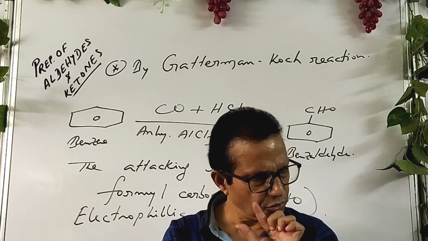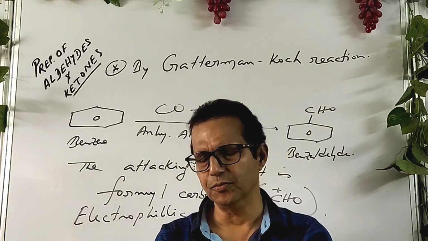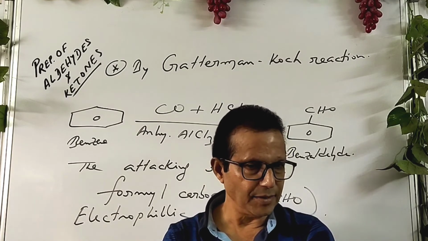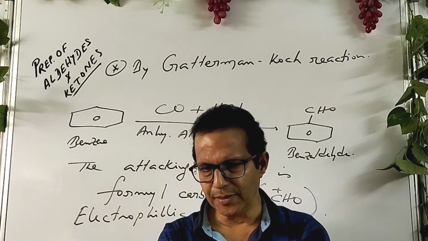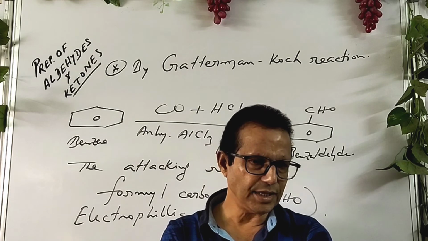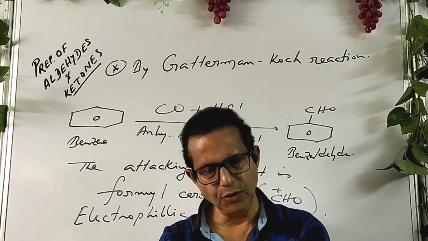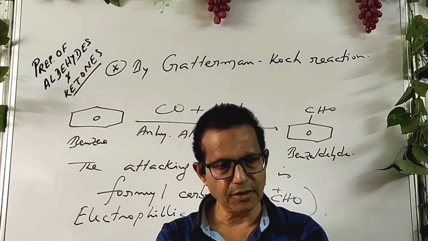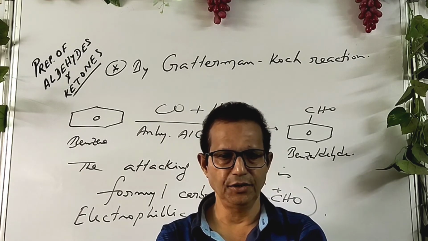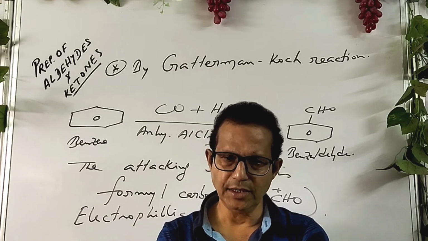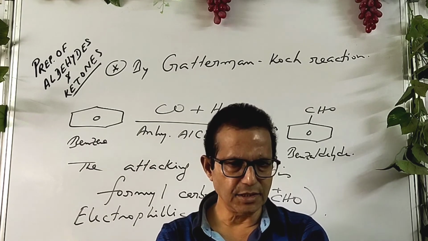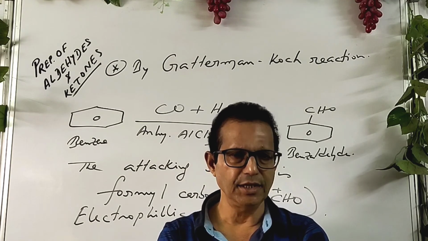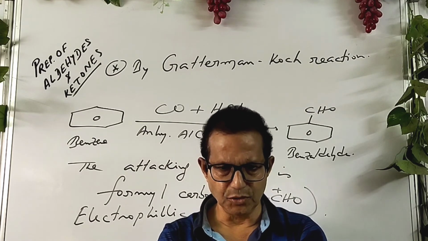If you replace two chlorine atoms by two alkyl groups, that's called dialkyl cadmium. So when dialkyl cadmium reacts with acid chloride, we get ketone. But the ketone does not undergo further reaction to alcohol. That's why nowadays, to prepare ketone, instead of Grignard reagent, dialkyl cadmium is used.